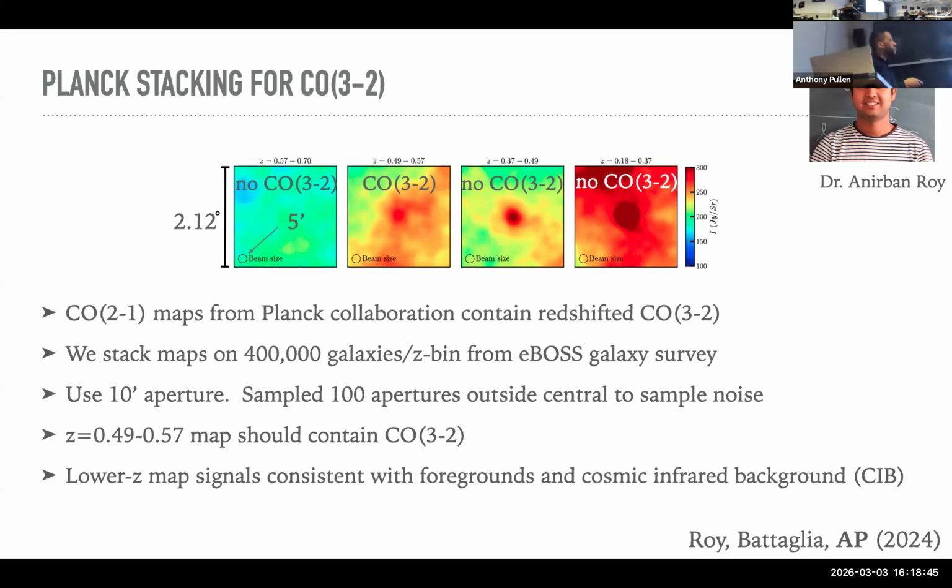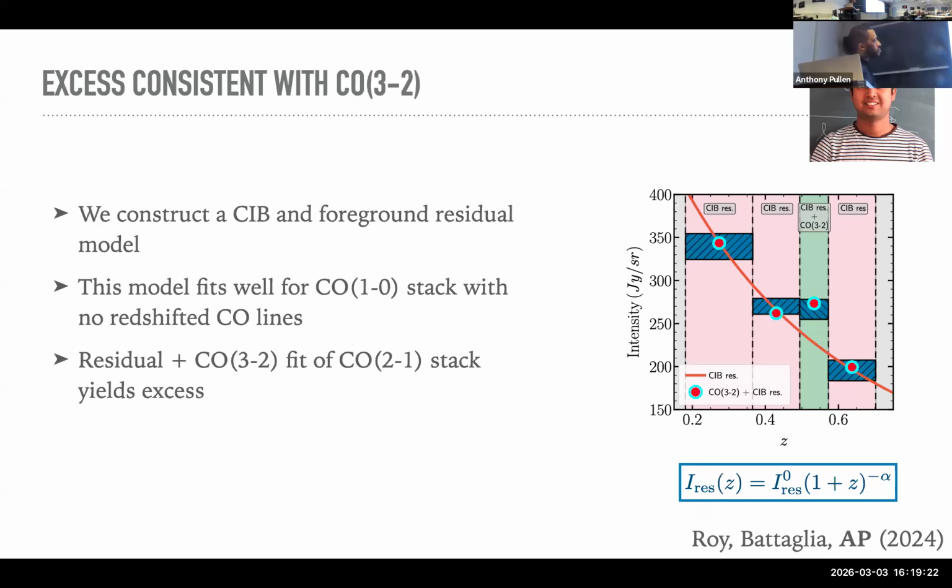What we find is that when we stack on galaxies in these other redshift ranges, we either get no signal or something that looks like a cosmic infrared background. But for this one, we seem to get something separate that could be signal.